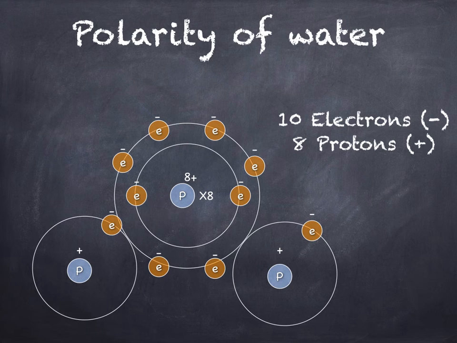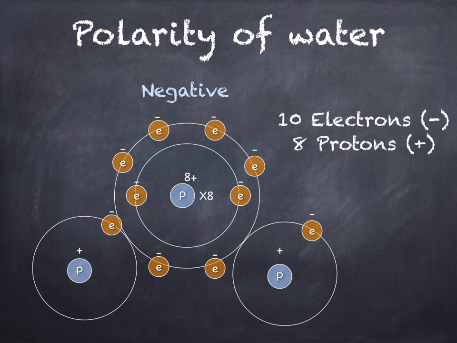This is where all of those electrons have gone. They've been pulled up there by the oxygen, and we have 8 protons. Electrons have a negative charge and protons have a positive charge. This gives you a slight difference in charge, and so we end up getting a slight negative charge towards the end of this molecule.